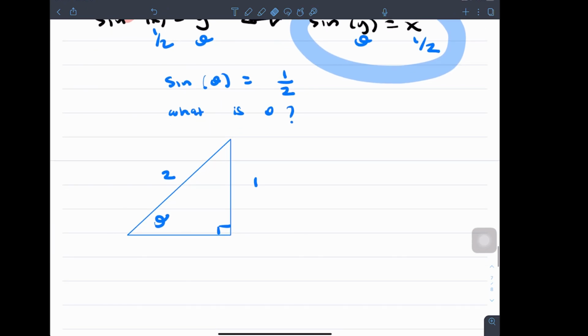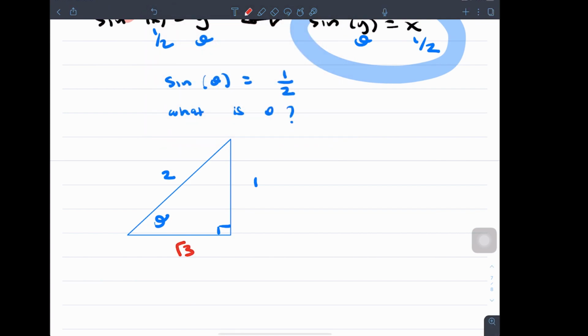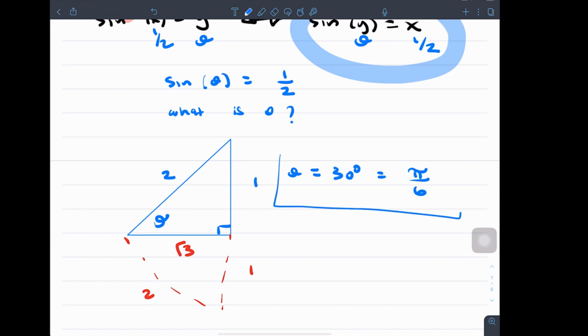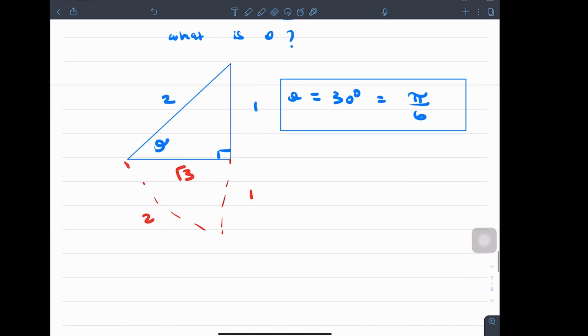Isn't this the square root of 3 down here? Pythagorean theorem. And in that case, what do we know? What is theta? Theta has to be what? Isn't that 30 degrees? Or pi over what? 6? Okay, you guys know what I'm saying? I know my triangle looks ugly.